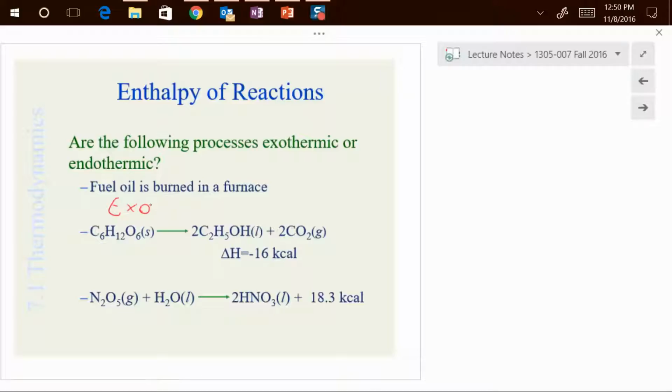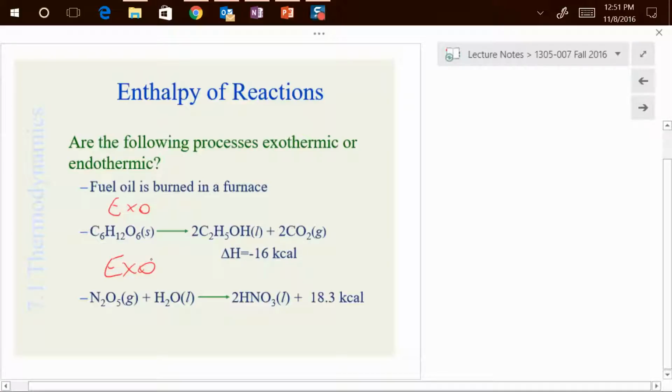Endothermic, exothermic. Look at the delta H. That's what's going to tell you in this one. Delta H is negative or positive? Negative. What does that mean? Exothermic.